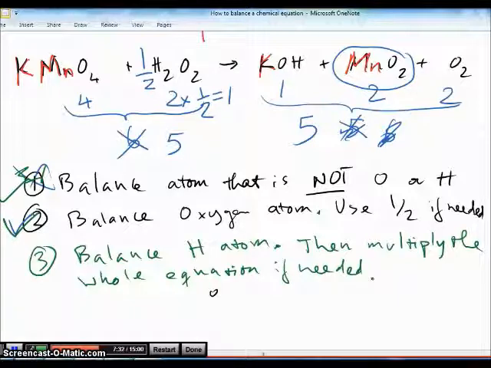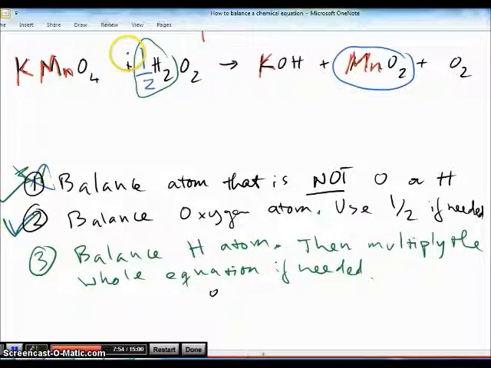Okay, now what does that mean? 1/2 of 2 is just 1, right? 1/2 multiplied by 2 hydrogen just means 1 hydrogen. We're talking hydrogen here. And over here we have 1 hydrogen. Oh wow, we finished step 3.